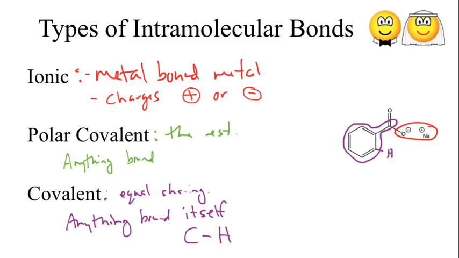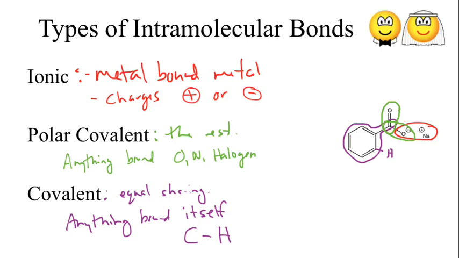Instead of anything bound to electronegative, we can say anything bound to oxygen, nitrogen, or a halogen. So if we go back to our drawing over here, we've got that carbon-oxygen double bond, and technically that carbon-oxygen single bond.